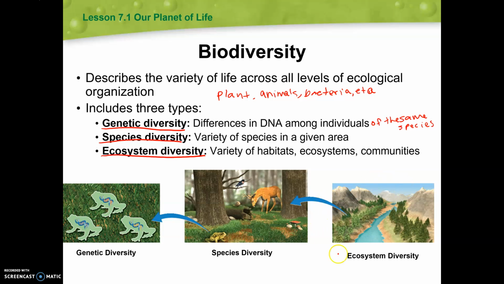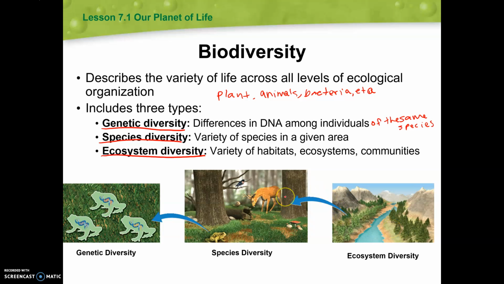If we take a look at our three different pictures, ecosystem is probably our most broad. Here we can see the many different habitats: we have the water habitat, maybe some of this side forest area, mountain. Those are all going to be a variety of different habitats, ecosystems, and communities.